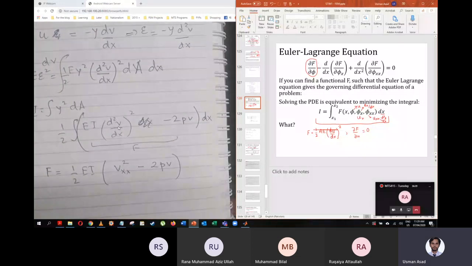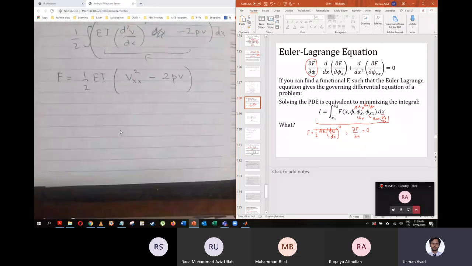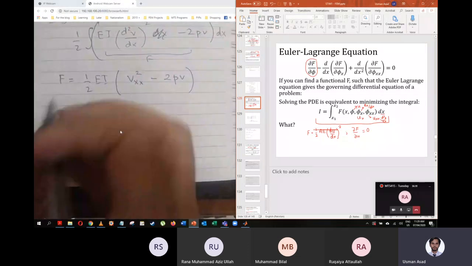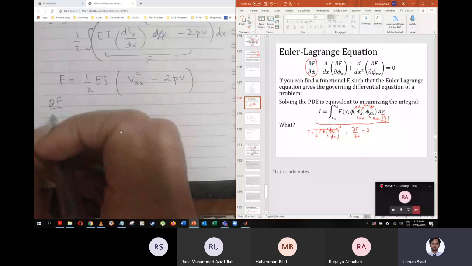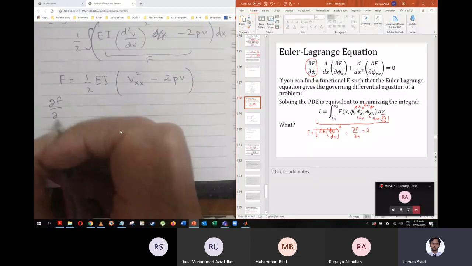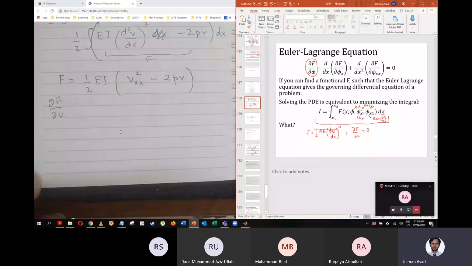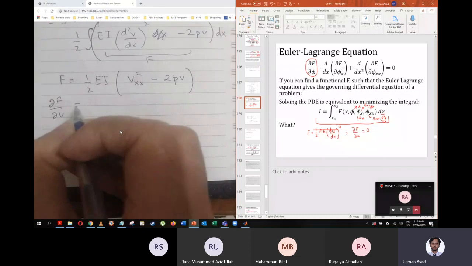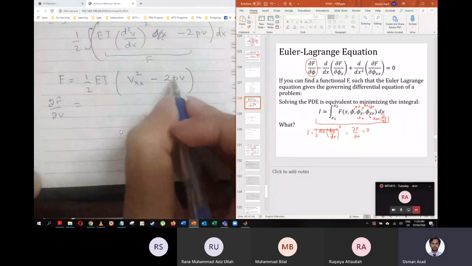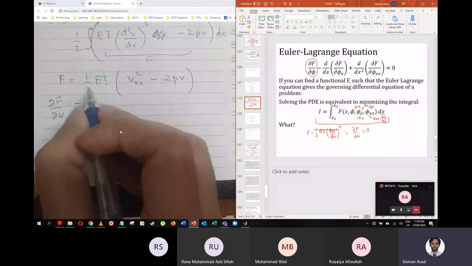This is the double derivative. So this is v_xx. This is not v_x. ठीक है। So अगर ये मेरा F हो, this thing right here is my F, then partial F by partial, क्या था पहली टर्म, partial F by partial phi की बजाय हम यहाँ पे v लिख रहे हैं। So partial F by partial v is just going to be equal to minus 2p divided by 2.